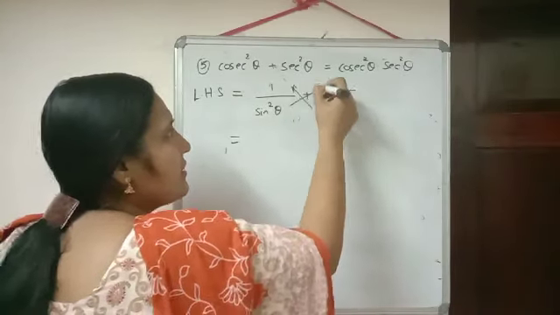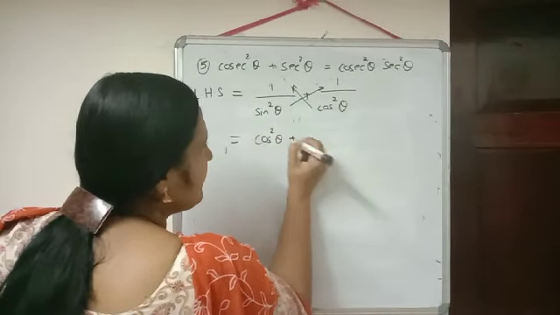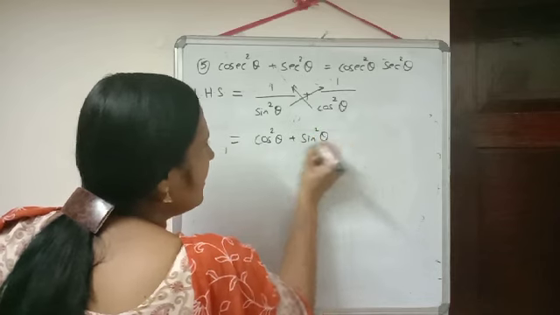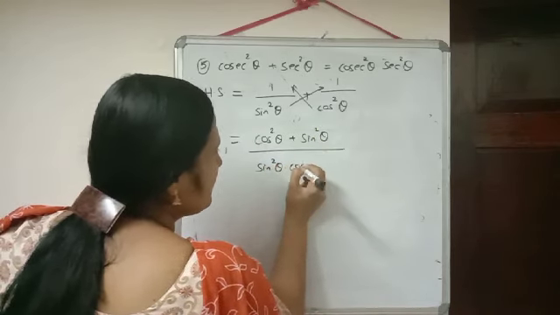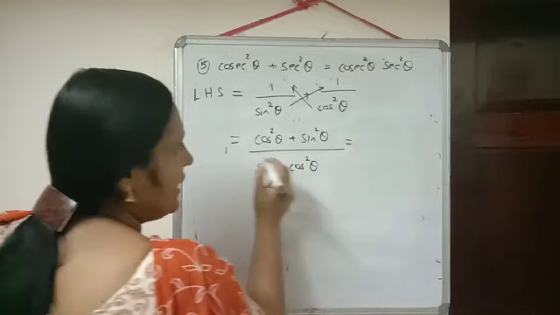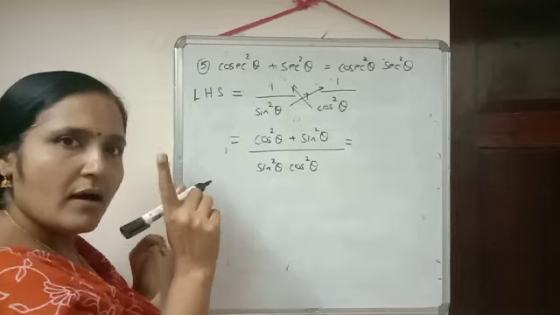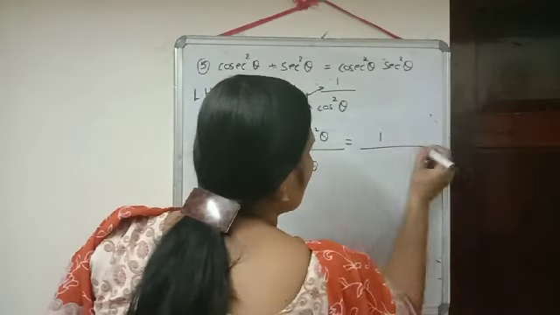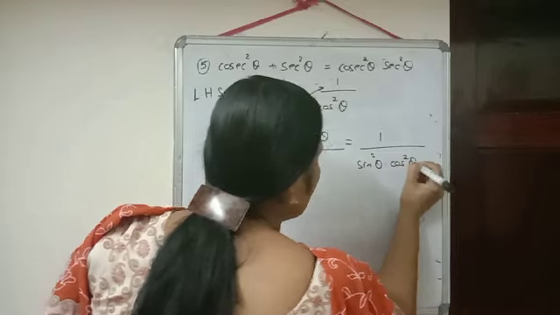We will do the cross multiplication. Then it will come cos square theta plus sine square theta whole divided by sin square theta into cos square theta. And what is the value of cos square theta plus sin square theta? 1. So here we will get 1 by sin square theta into cos square theta.